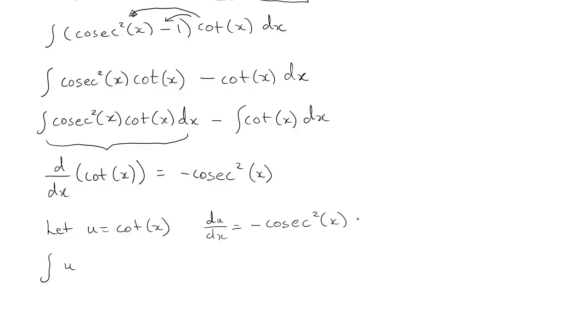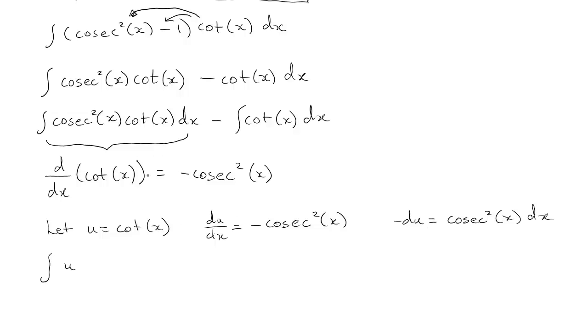I'll rearrange this, placing the dx on the other side, so negative du is equal to cosec squared x times dx.